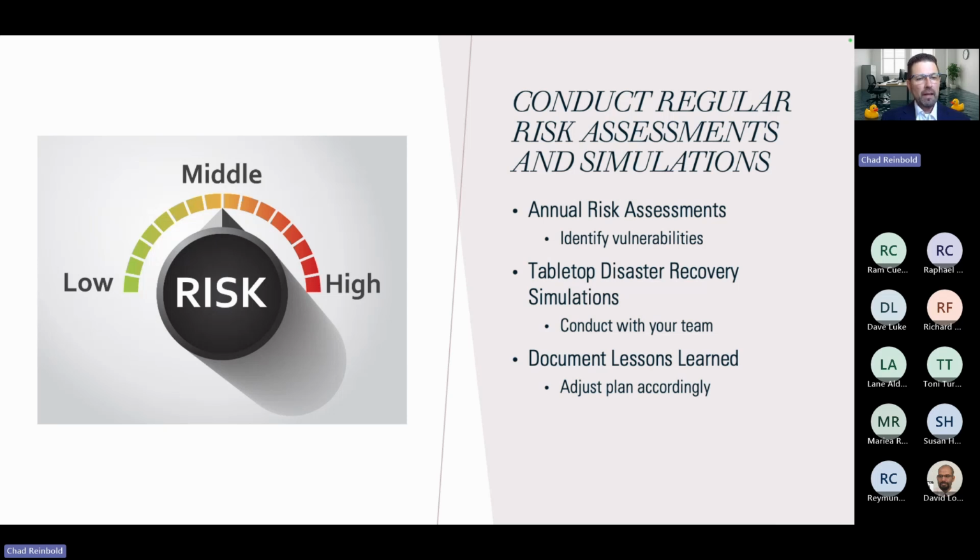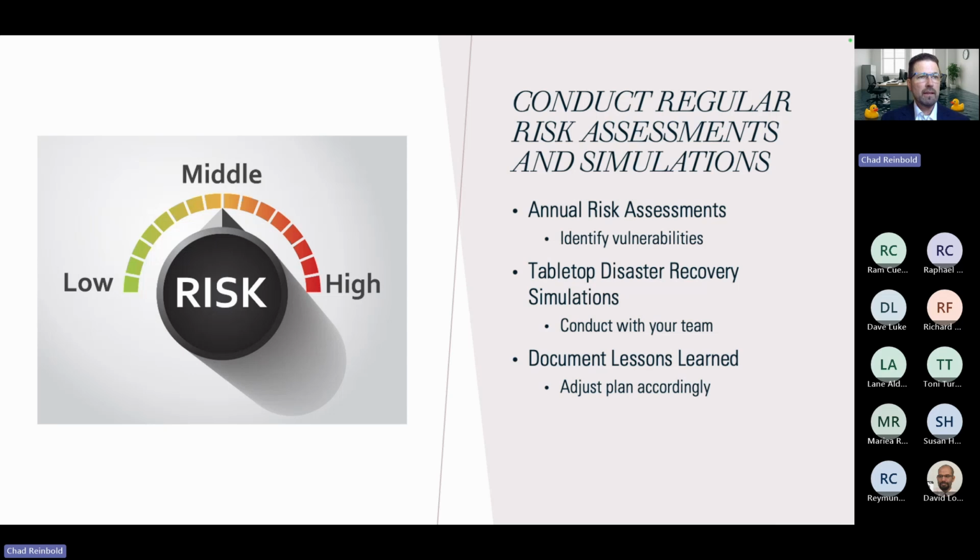Every time we run something like this, I always tell the owners of the organization that I hope it finds something, because I would rather find it 3, 6, 12 months before the disaster than find out about it after the disaster happens and I haven't had a chance to fix it. So again, this gives you the opportunity to fix and adjust before the problem arises.